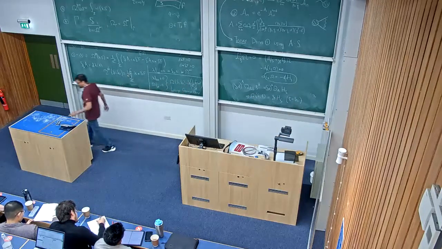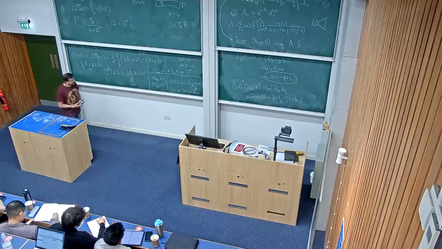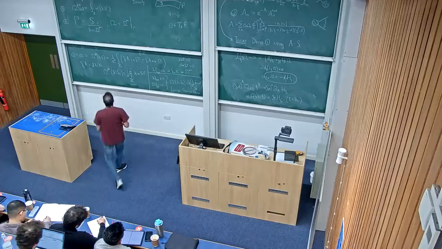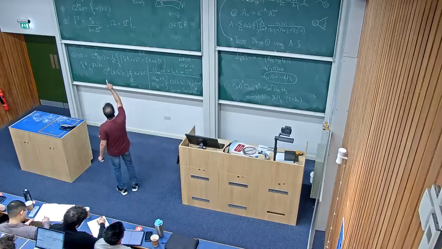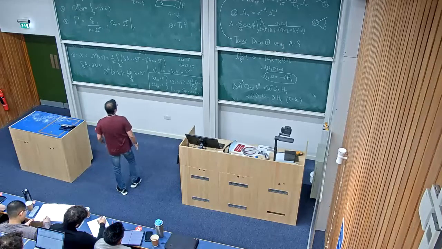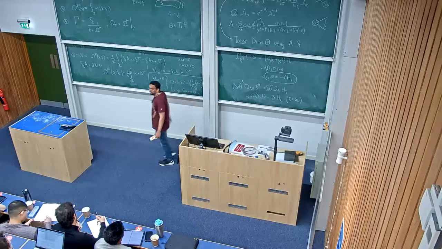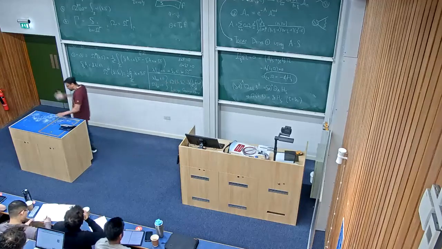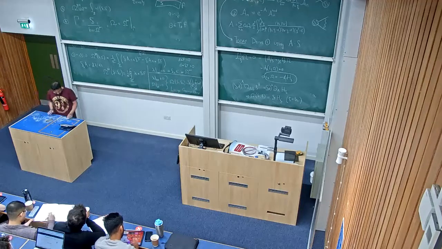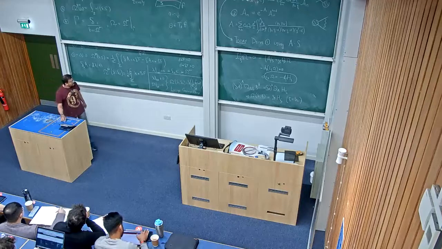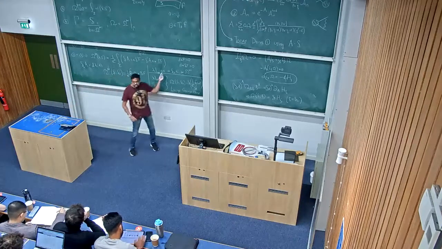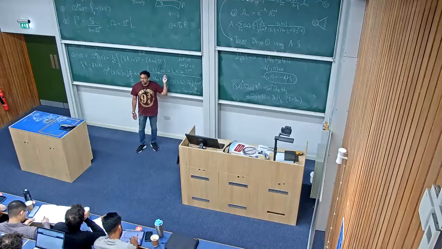Okay, let me summarize. Now let me just say something. What I did over here was for free theories, but really just for simplicity. This is true generally in any gauge theory. In any gauge theory with any Lagrangian, with any higher derivative terms, whatever you want to write, small gauge transformations are always redundancies.